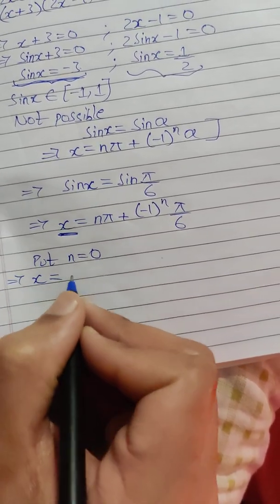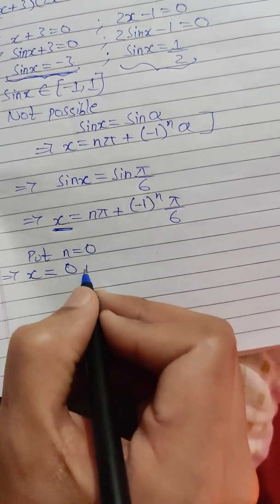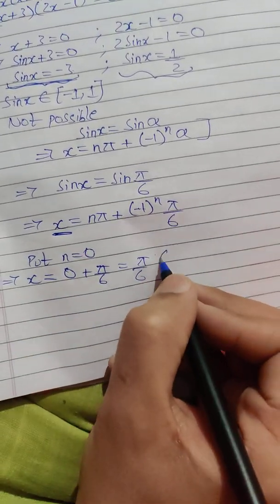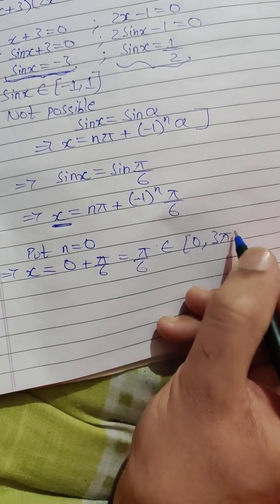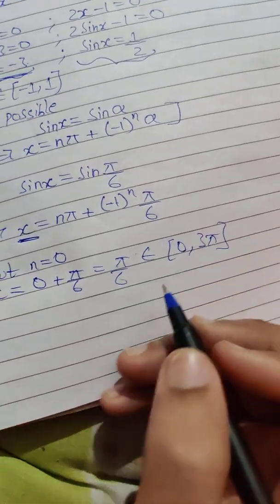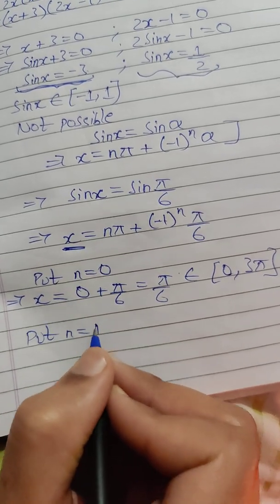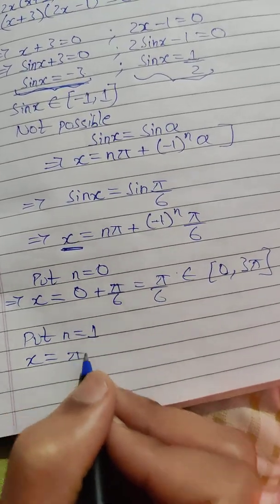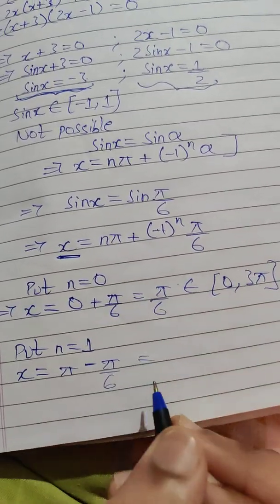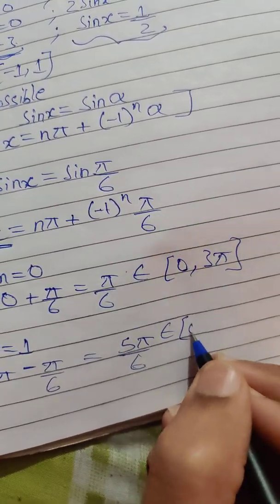So we have x = 0 + (−1)^0 π/6 = π/6, which belongs to 0 to 3π, because we had the interval 0 to 3π. Now again put n = 1. We have x = π − π/6 = 5π/6, which belongs to 0 to 3π.